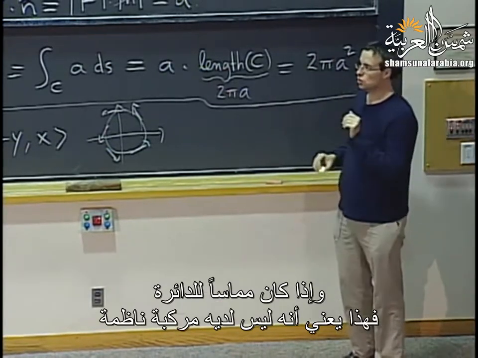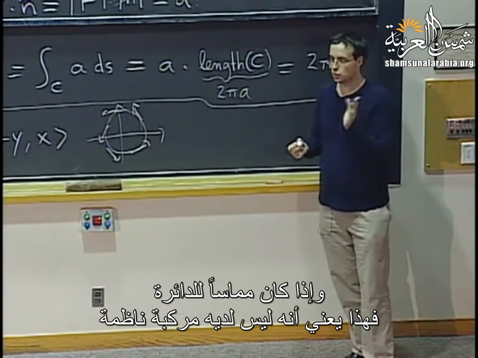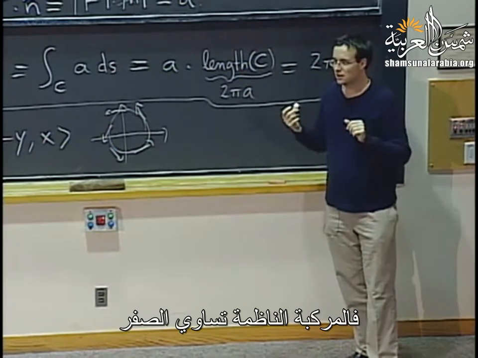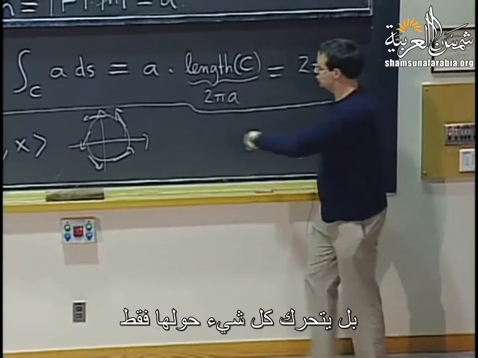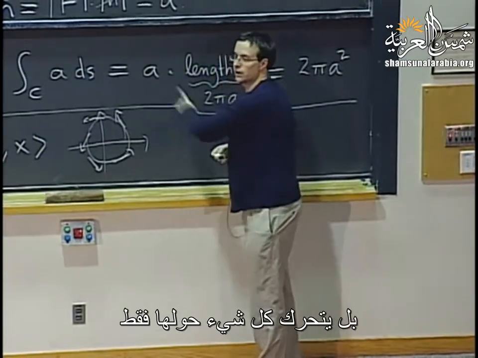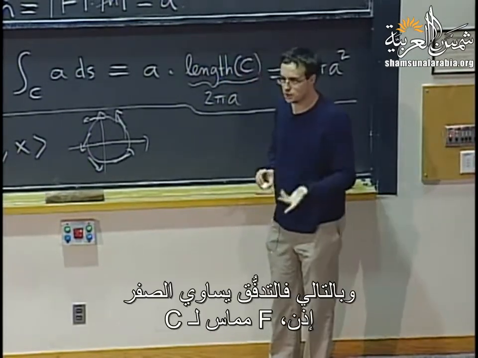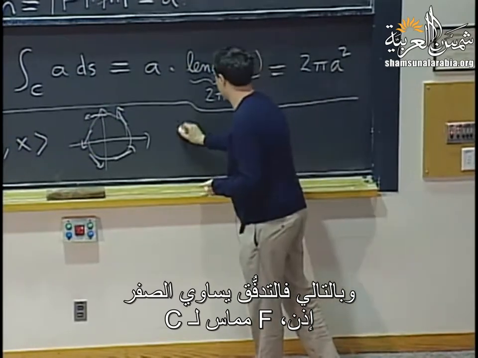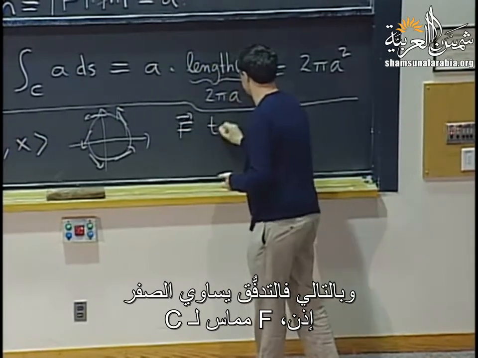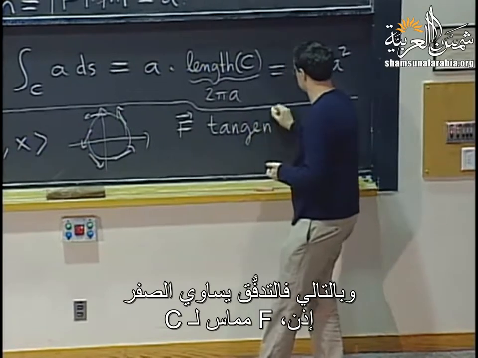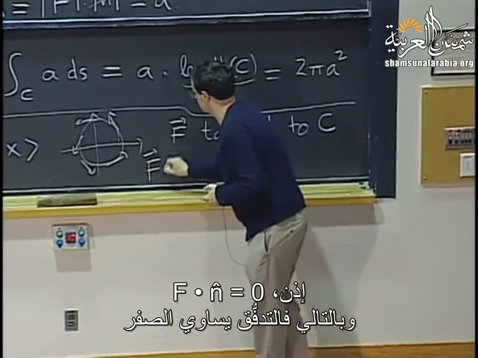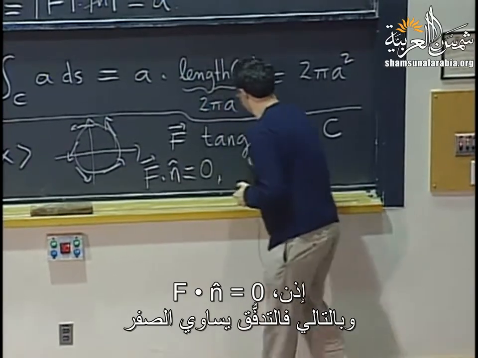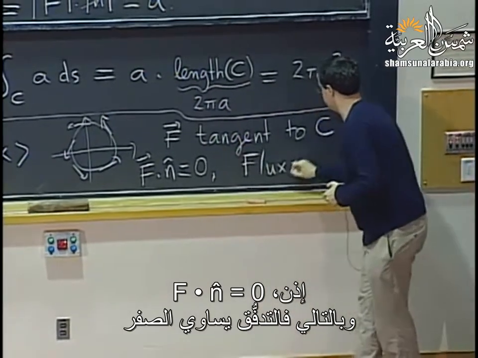So if it's tangent to the circle, it doesn't have any normal component. The normal component is 0. Things are not flowing into the circle or out of it. They're just flowing along the circle, around and around. So the flux will be 0. F is now tangent to C, so F dot N is 0, and therefore the flux will be 0.